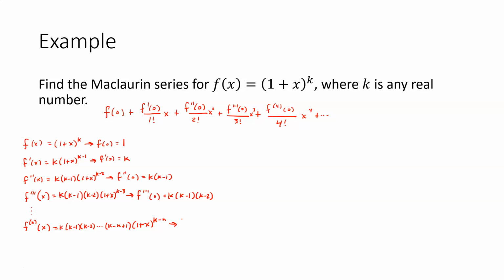So the nth derivative at 0 would just leave me with k times k minus 1, k minus 2, and so on, all the way down to k minus n plus 1.